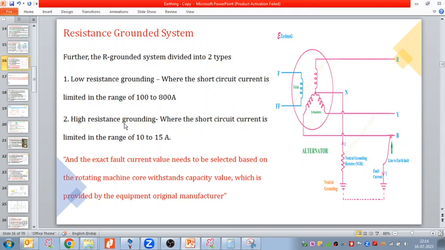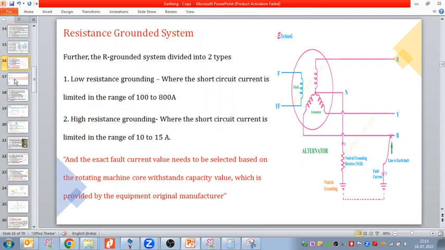The exact fault current value needs to be selected based on the rotating machine core withstand capacity, that is, how much current the core can withstand without damage, which is provided by the original equipment manufacturer. So we need to check with the manufacturer what the core withstand capacity is.